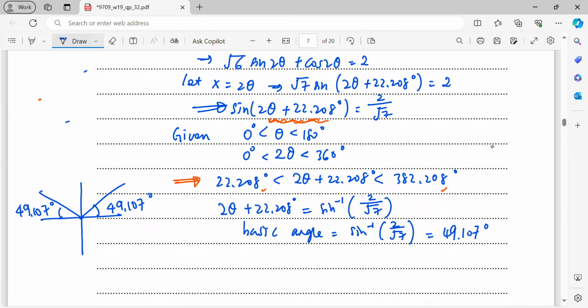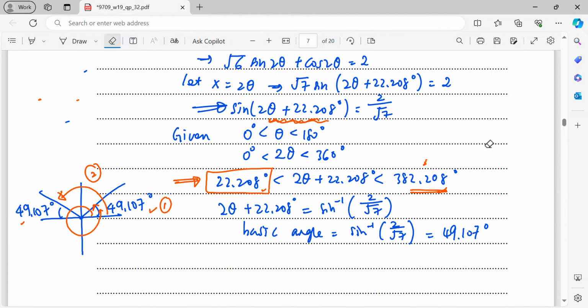Okay, so now my first angle is 49.107. My second angle is 180 minus this, because one whole horizontal line is 180. Okay, but then when you look at the lower limit, 22.208, my first value is 49. Second value is here. So you cannot consider 360 plus this, because 360 plus 49 is already exceeding 382.